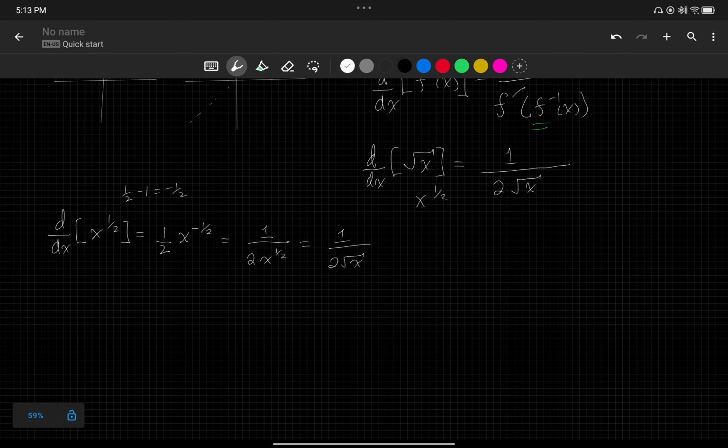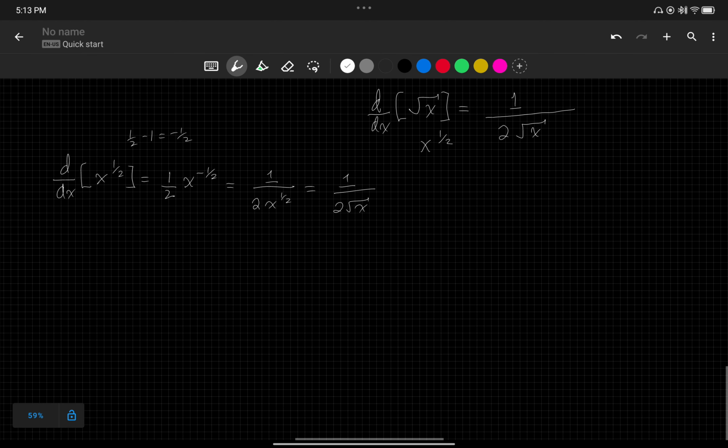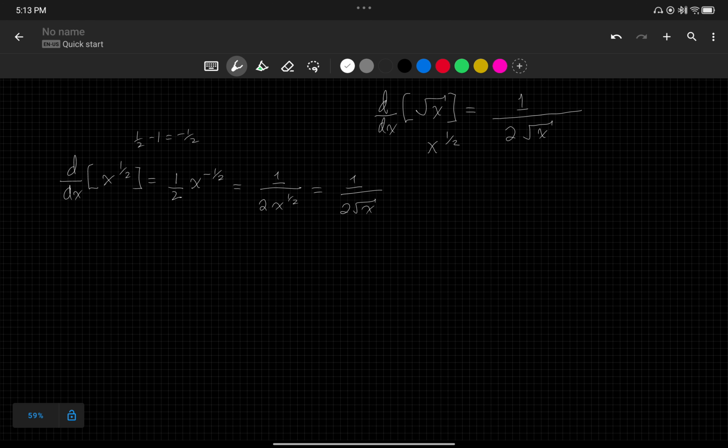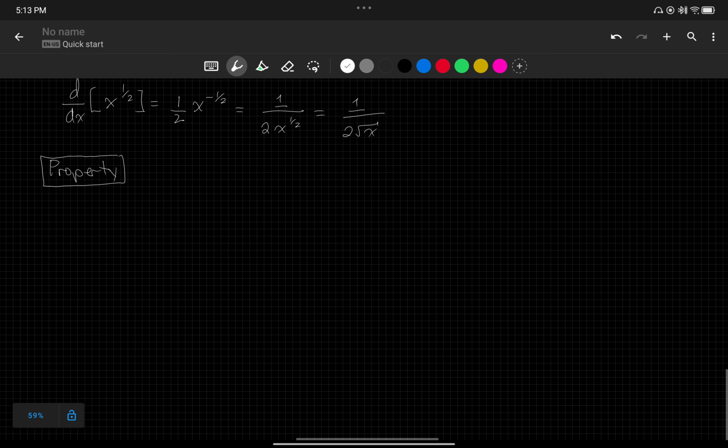All right, so let's see what else we can discover about the derivative. So there's a nice property. And the relationship is that f and f inverse have reciprocal slopes.